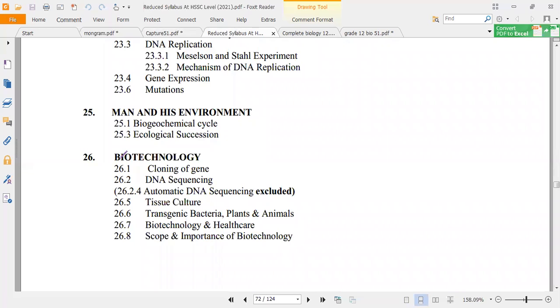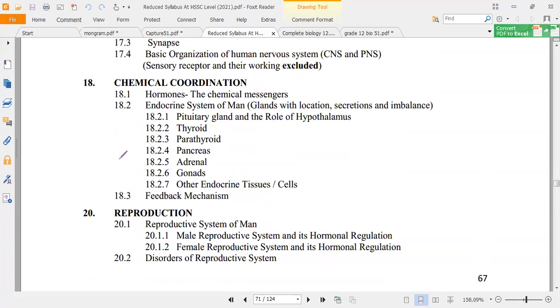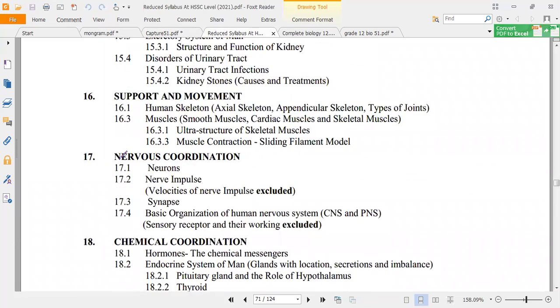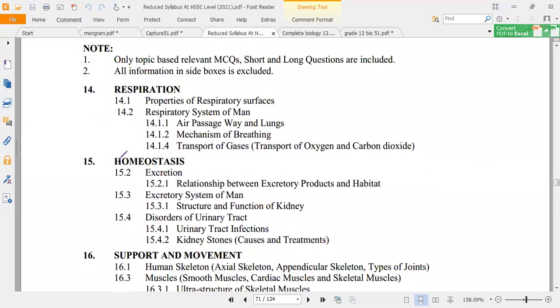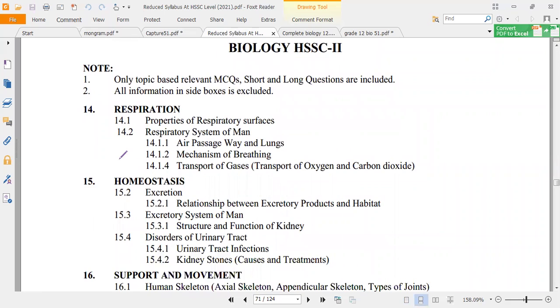Dear students, if you see your reduced syllabus, which has been prescribed by FBISE, you can see mentioned at the top of the biology syllabus that all the topics are related to MCQs and short question answers which are included in your exercises.